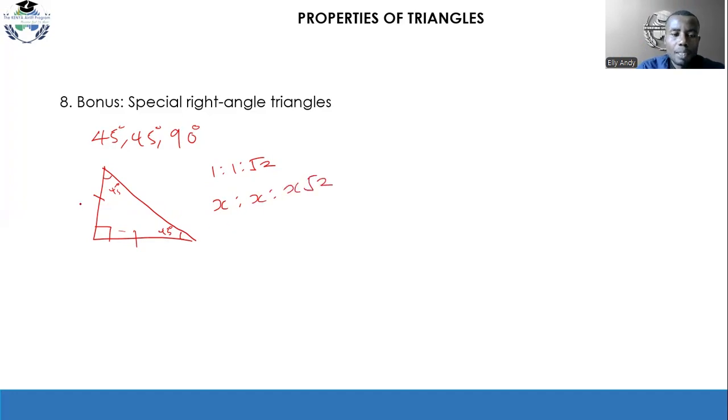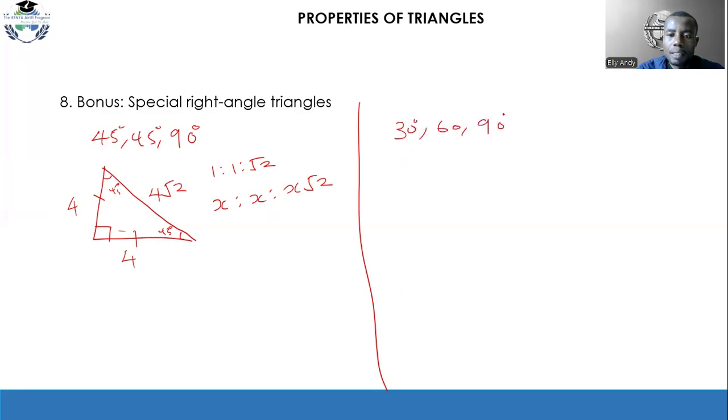So for example, the x to x, these are of course the equal sides, the height and the base. So if we have 4 here, then we'll have also 4 here, then the hypotenuse will be 4 times root 2, right?